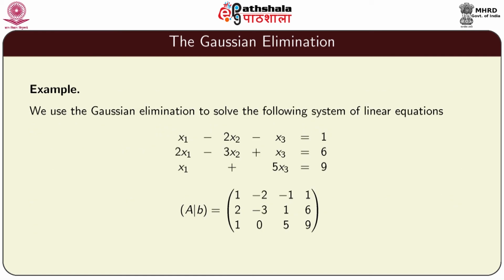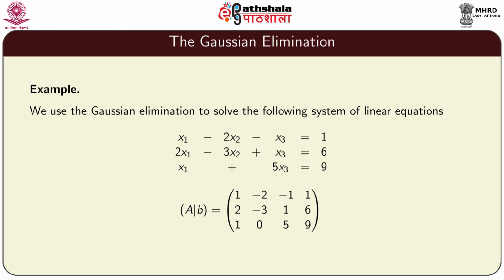Here you see a system of 3 equations in 3 unknowns. The unknowns are x1, x2, x3. So, the corresponding augmented matrix is a 3 cross 4 matrix. You can see that it is a non-homogeneous system, because the B, which is 1, 6, 9, is a non-zero column matrix.